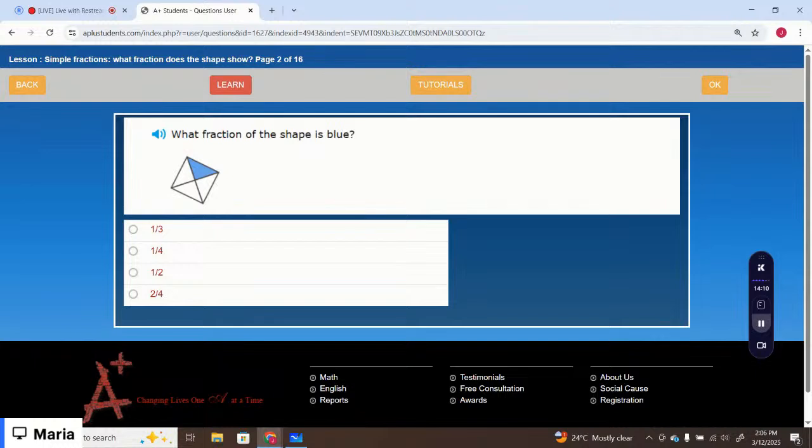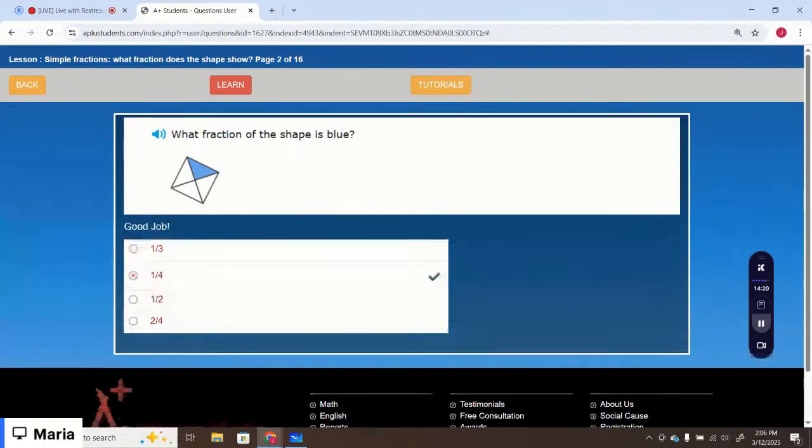The shape has four equal parts. Only one of the parts is colored, so that is 1 out of 4. Option number 2 is the correct option. 1 out of 4 it is.